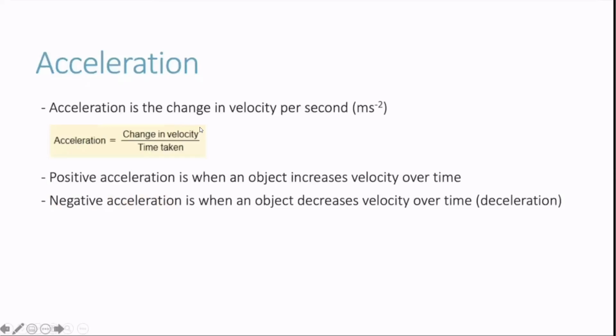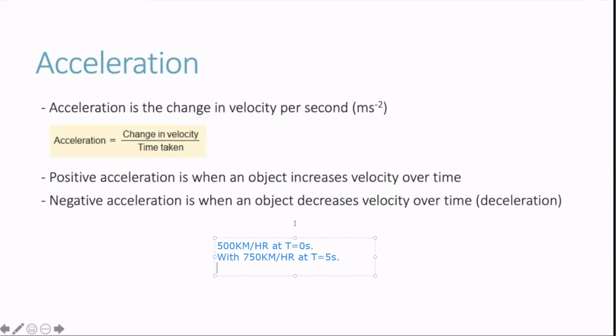Now, acceleration. Acceleration is none other than the change in velocity per second. So, for example, if you were traveling with 500 kilometers per hour at time 0 seconds, and with 750 kilometers per hour at time 5 seconds.